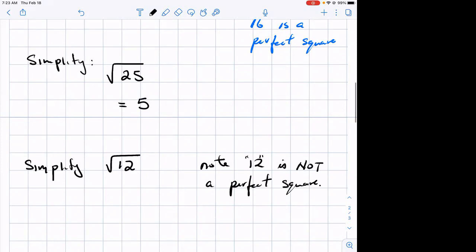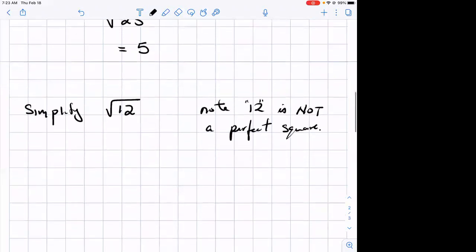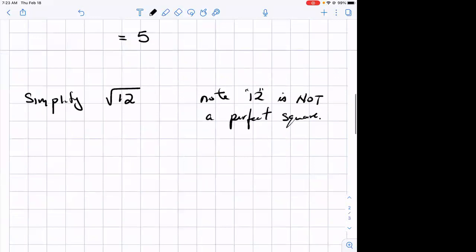These are the types of radicals we want to simplify. We're looking to simplify radicals where the radicand is not a perfect square, although sometimes it can be. And also we look at simplifying radicals where the radicand can be a variable. So that's what we want to look at.